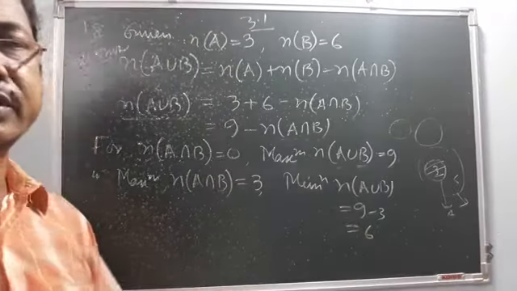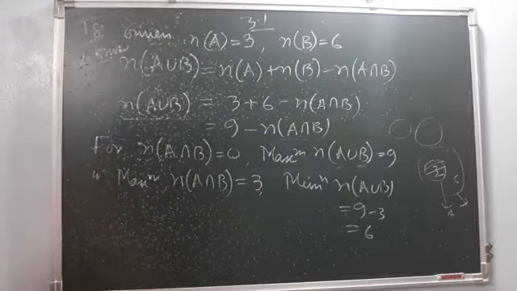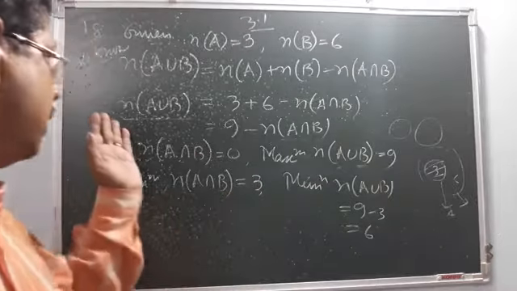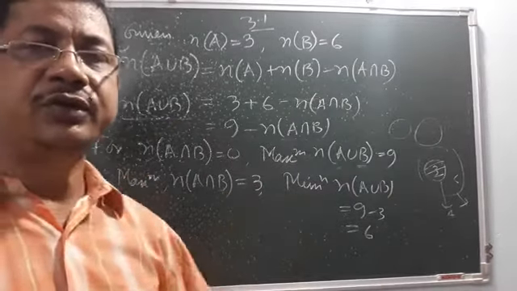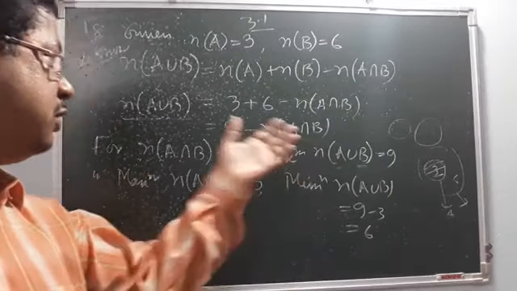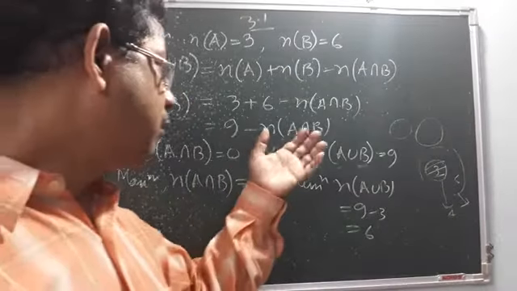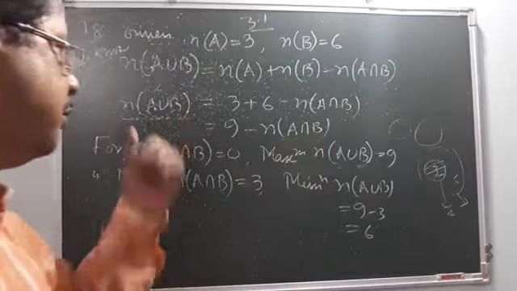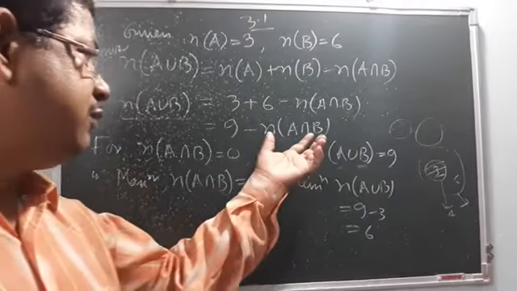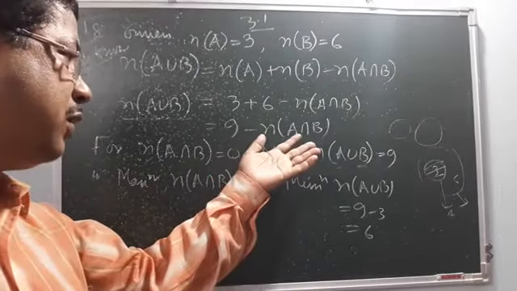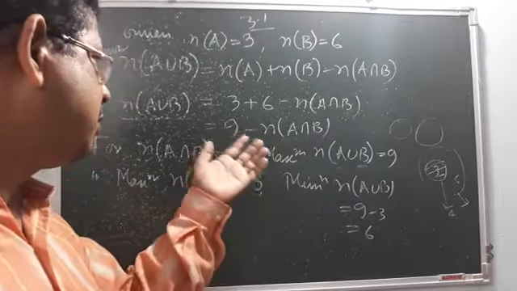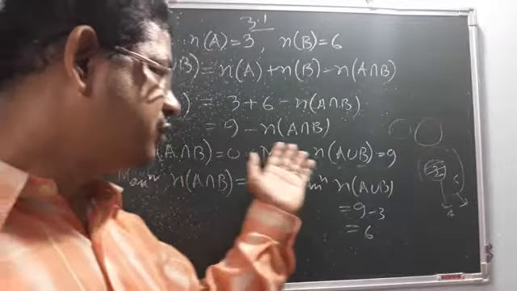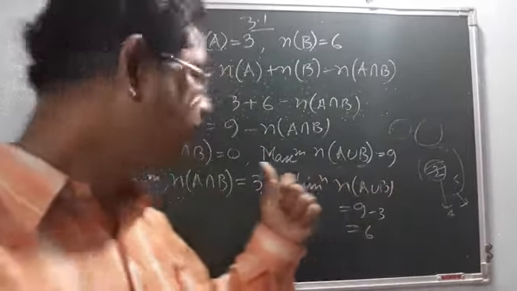Students, that part you have to understand. We get 9 minus this, which means that for the minimum value of this, the result will be maximum, and for the maximum value of this, we get the minimum of that one. If it is 0, then it is the minimum value of A intersection B, and 9 minus 0 is 9. So this is the maximum value, it is 9.